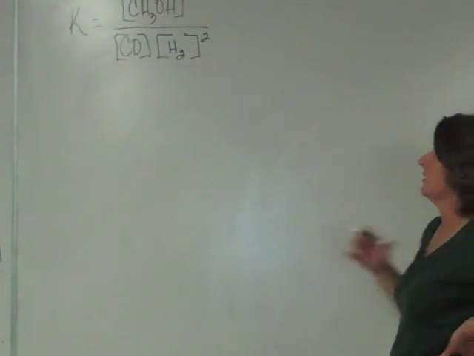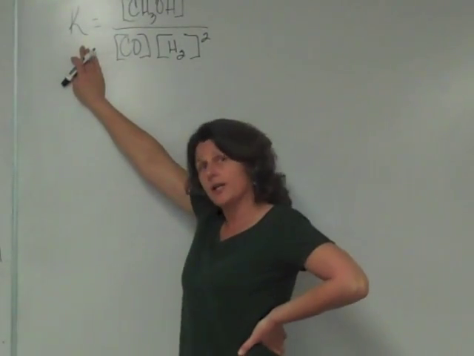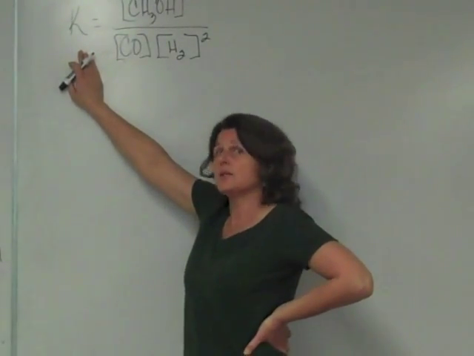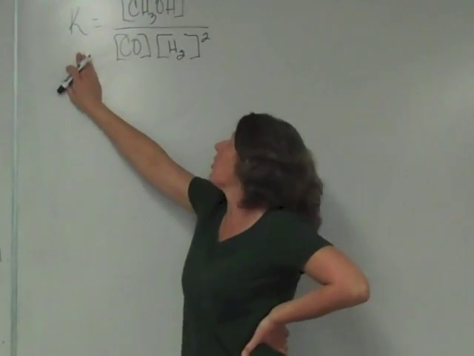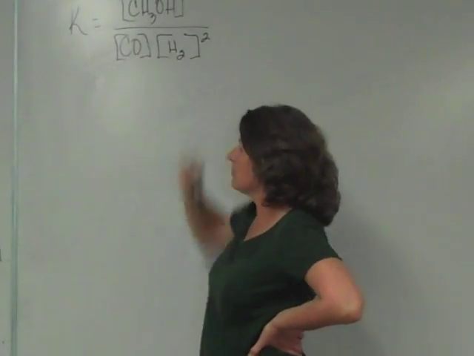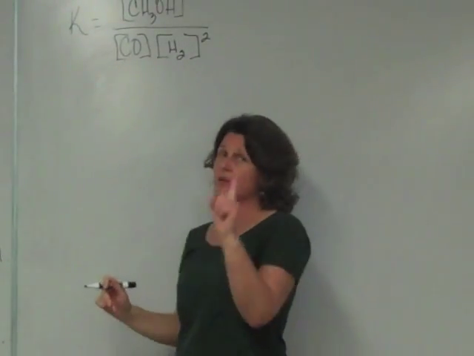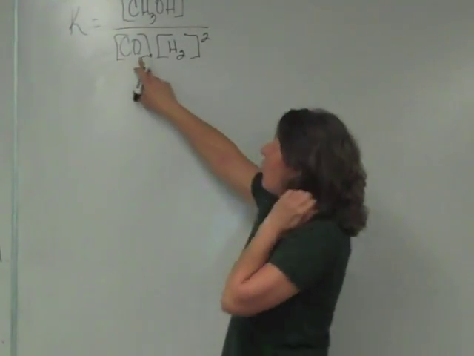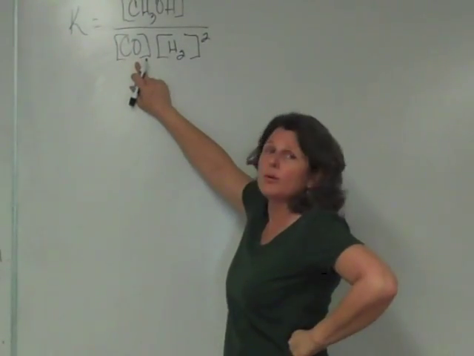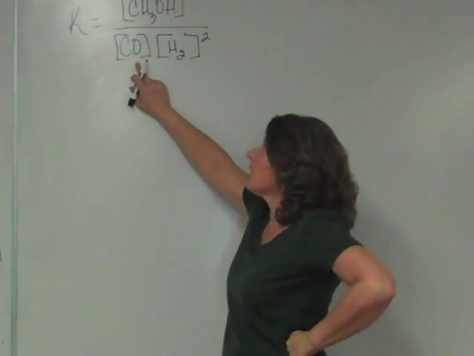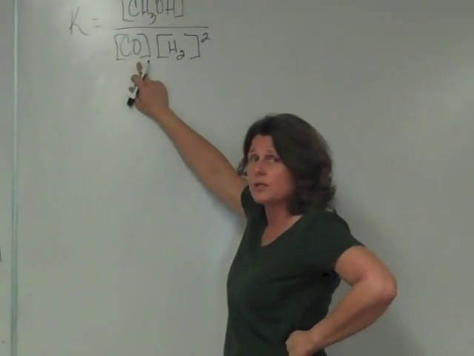Okay, now, we need to solve for K. That means that we need the equilibrium concentrations of these three components. Now, we are given the equilibrium concentration of one of them. So we know at equilibrium, the concentration of carbon monoxide is 1.6 molar.